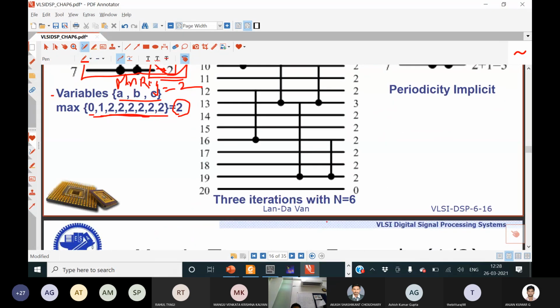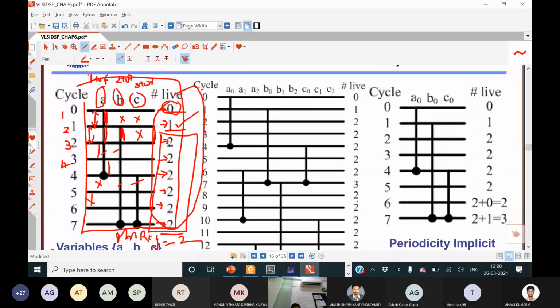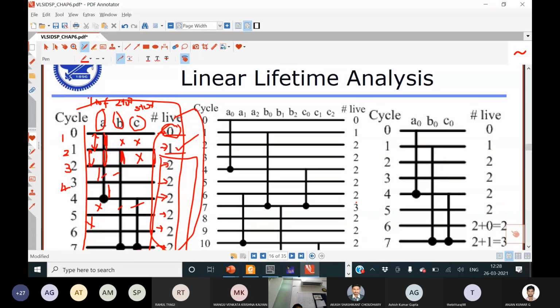Now it is defined that n is equal to 6. So n is equal to 6 is given. That means the folding factor is 6.